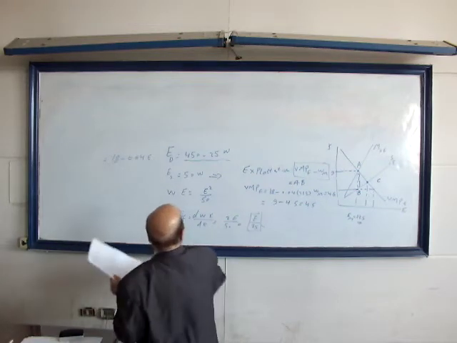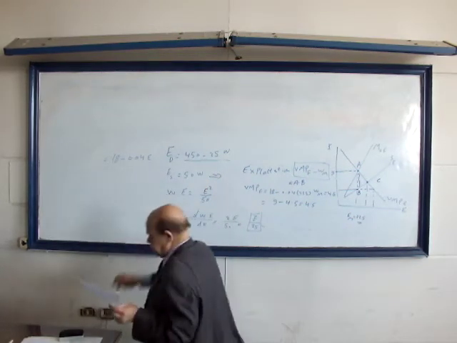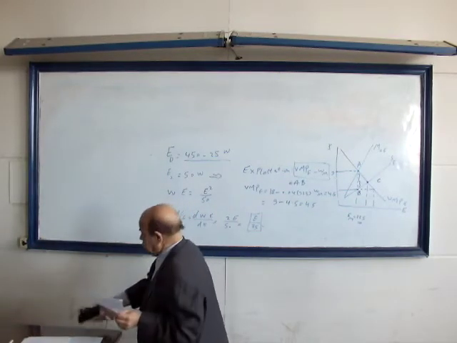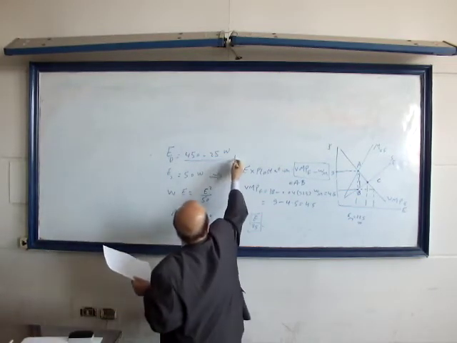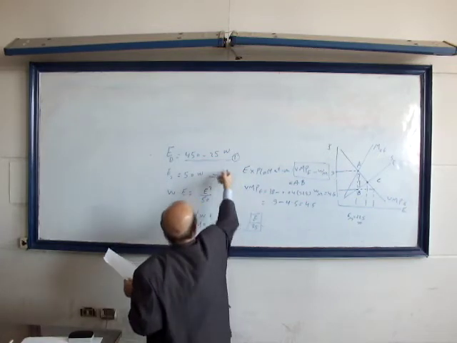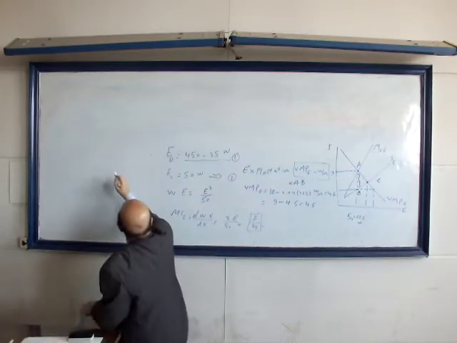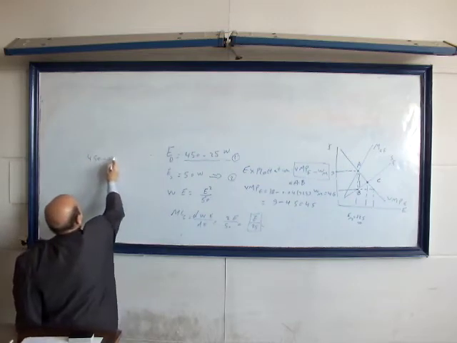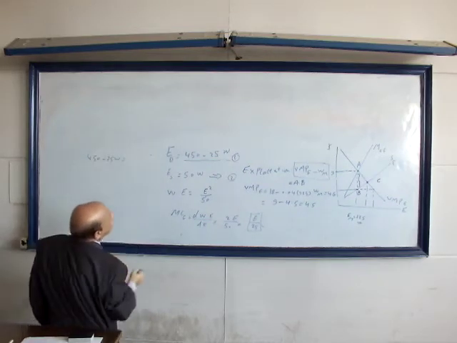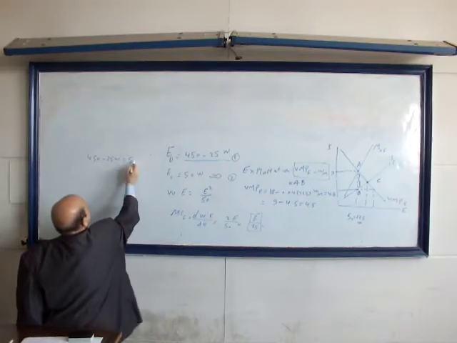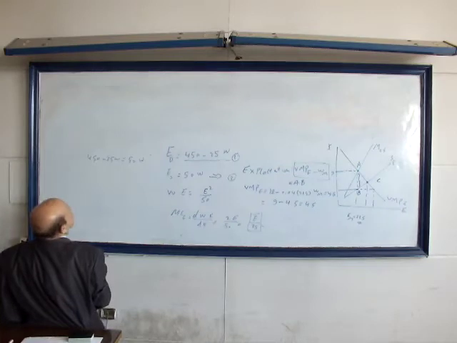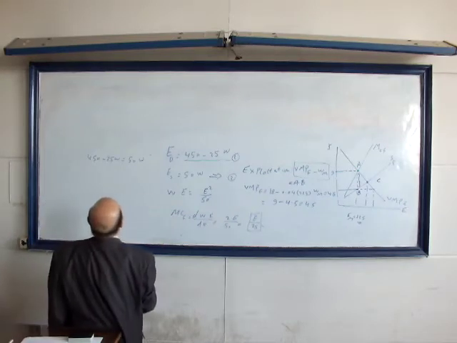If you equate equation 1 and 2, you get 450 minus 25W equals 50W. If you solve this for W first, what do you get here?